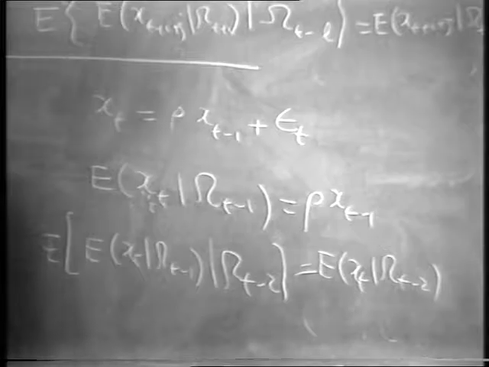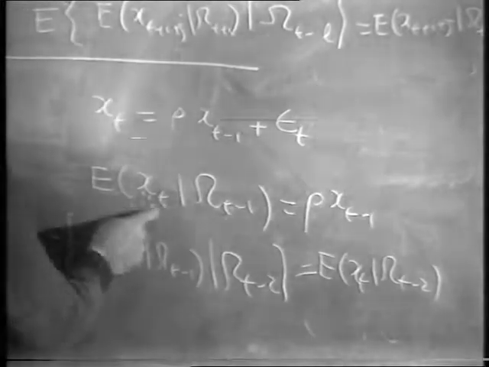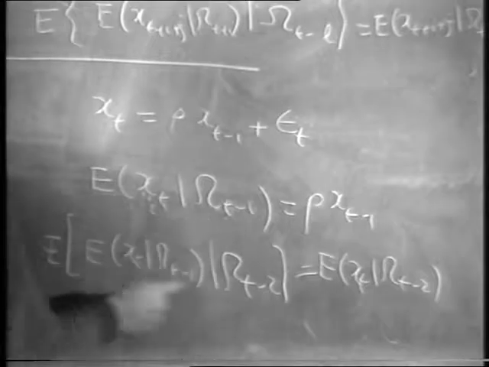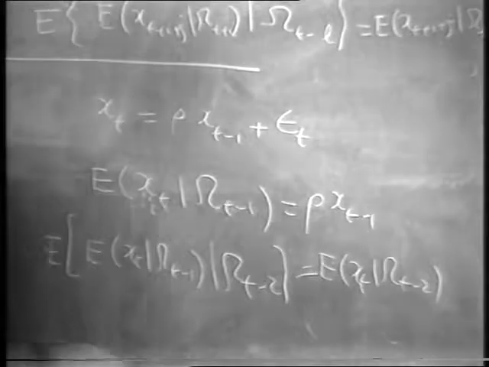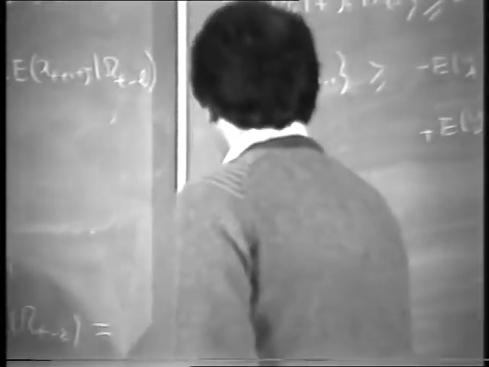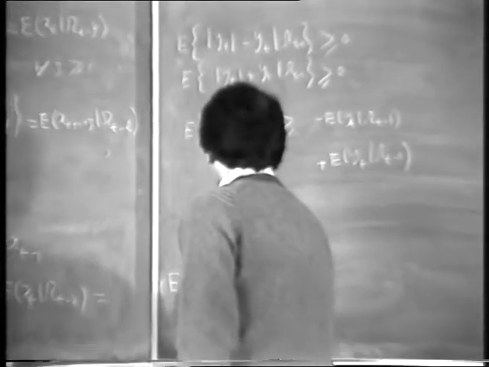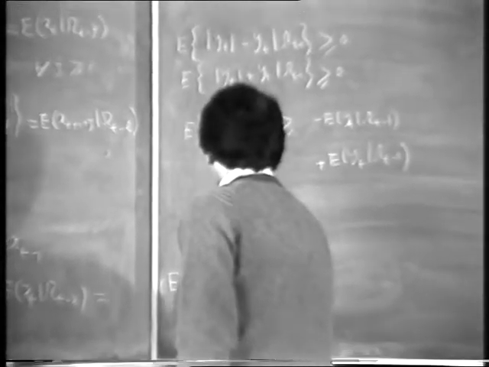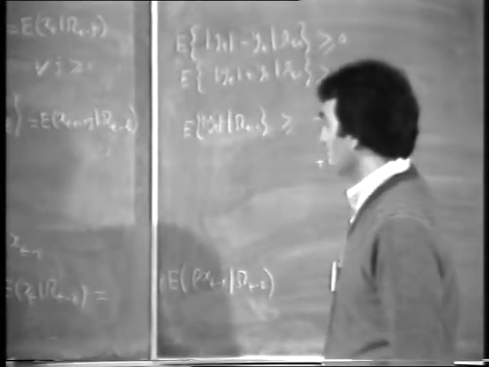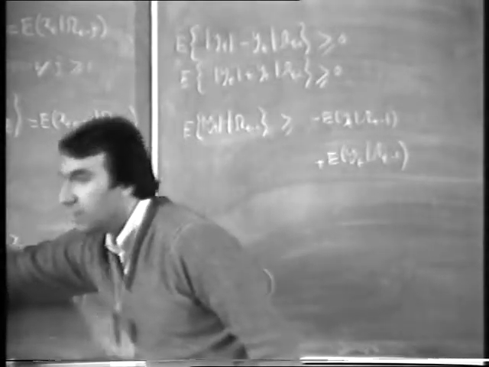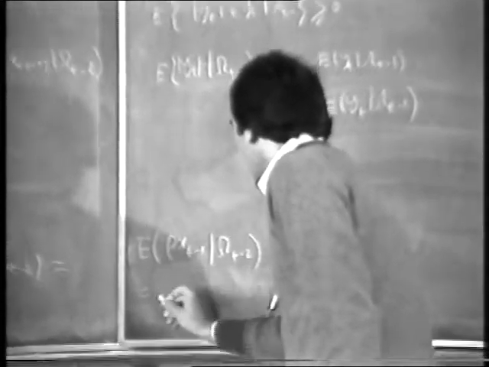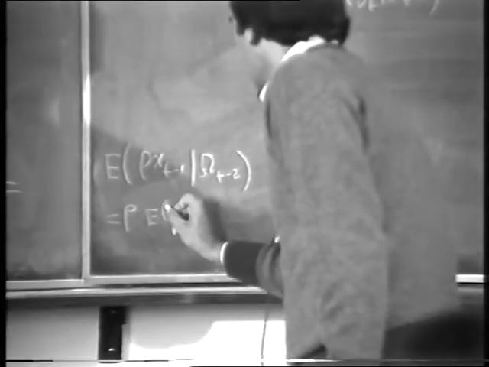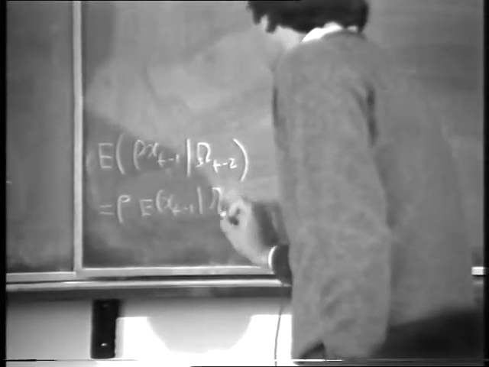We can actually check it by calculating, because we know that the expectation of xt given omega t minus 1 is rho xt minus 1. So this has to also be equal to the expected value of rho xt minus 1 given omega t minus 2, because from here, that would be exactly that. So we can now say that's equal to rho times the expected value of xt minus 1 given omega t minus 2.